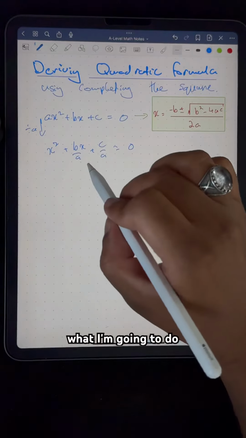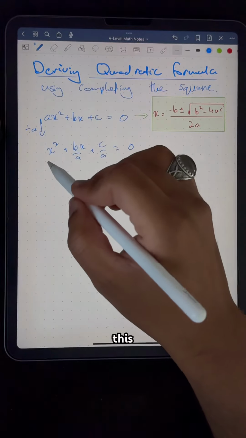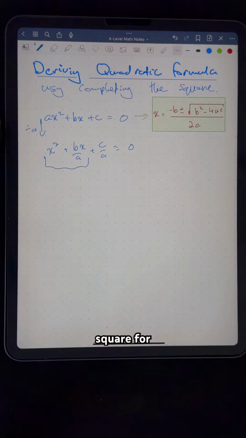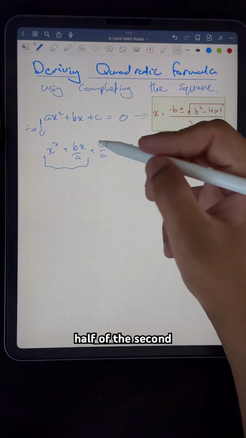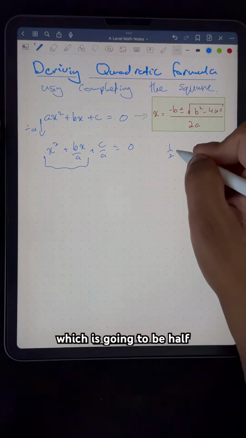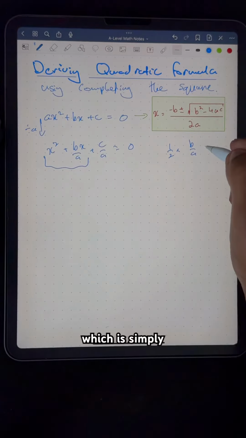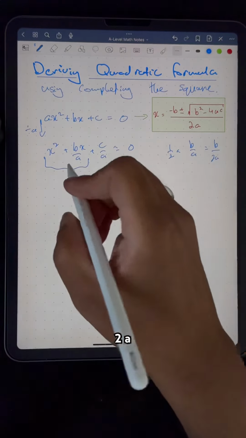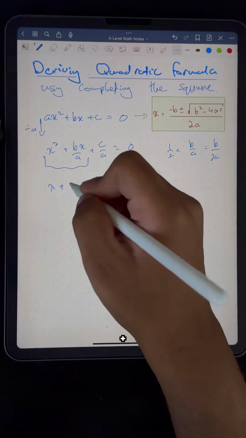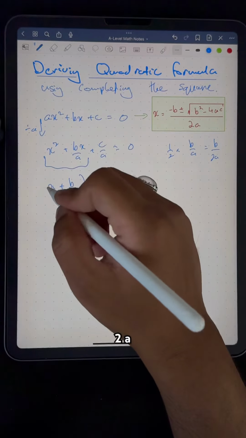Essentially, now I have this main part which I can complete the square for. So we halve the second coefficient, which is half of b over a, which is simply b over 2a. So I can write it as x plus b over 2a, whole squared.